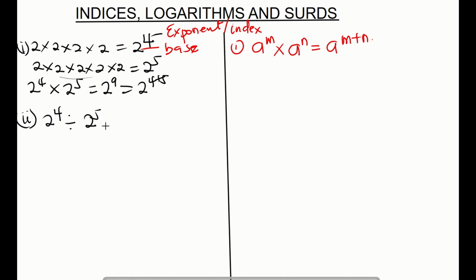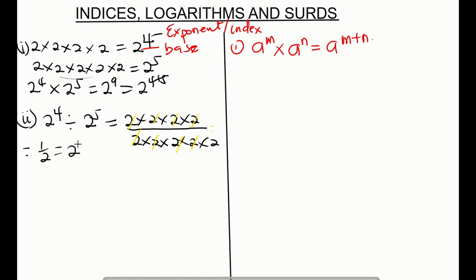This is the same as 2 times 2 times 2 times 2 all over 2 times 2 times 2 times 2 times 2. Now we know that all this will cancel. This cancels this, this takes this, this takes this, this takes this. We'll be left with what? Only 1 over 2.